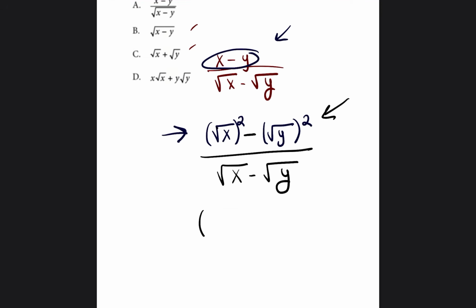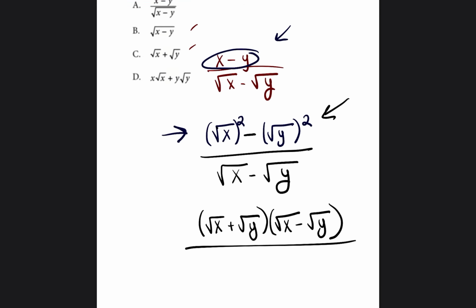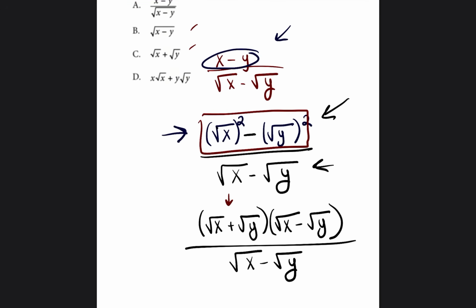What that means is we can write it like this: the square root of x plus the square root of y, times the square root of x minus the square root of y, over what they have as the bottom, square root of x minus the square root of y. So this was just the difference of squares. Difference of squares means there's going to be a plus sign in this one and a minus sign in this one, but everything else is going to be the same.